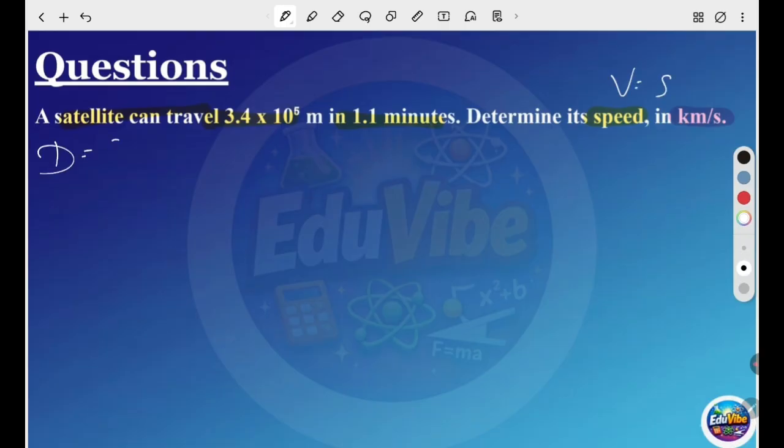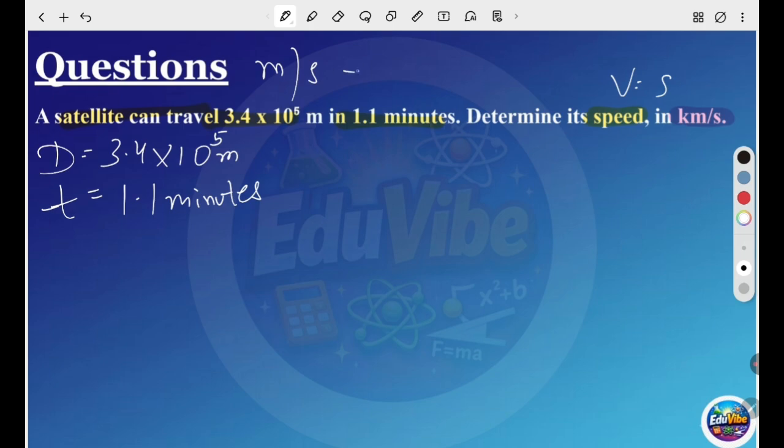So they gave us the distance, which is 3.4 times 10 raised to 5 meters, and the time, which is 1.1 minutes. But we need the time in seconds, because the standard unit of speed is meters per second, and we have the distance in meters.